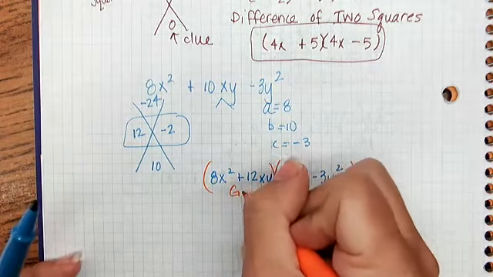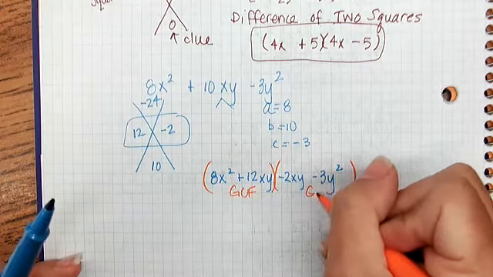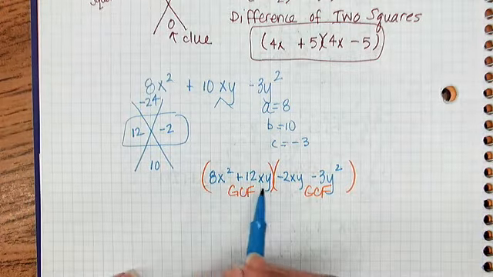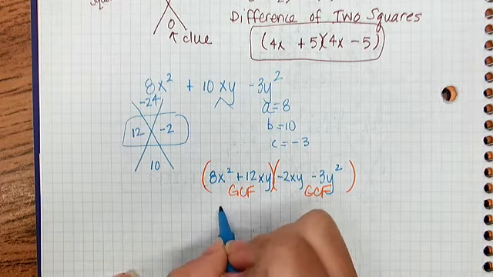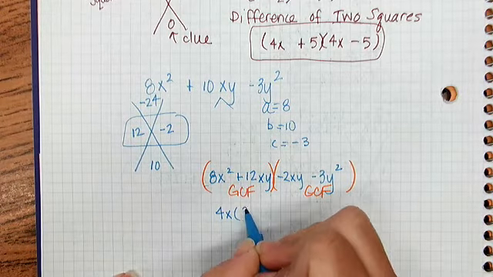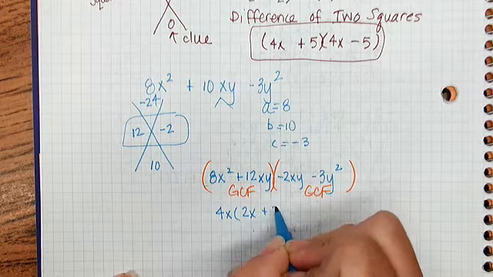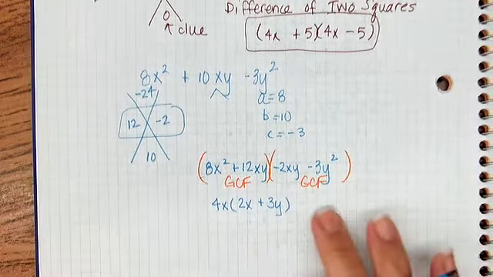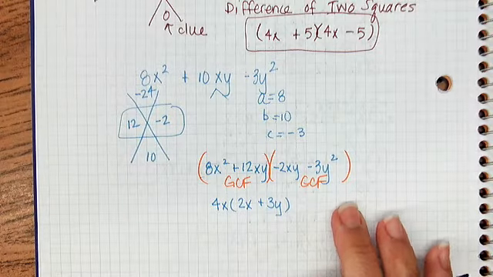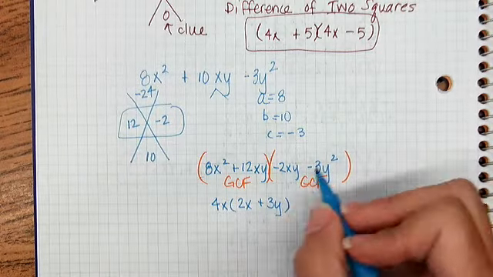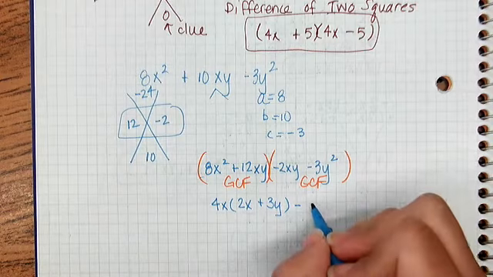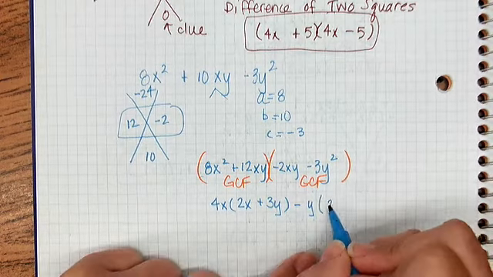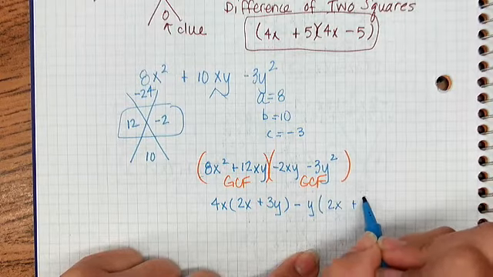GCF. So the GCF is 4x. Leaves you with 2x plus 3y. You better have 2x plus 3y, otherwise you made a mistake. They have a negative in common and a y. And sure enough, you get 2x plus 3y.